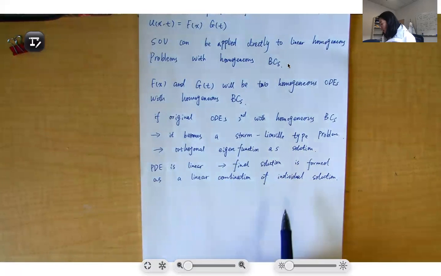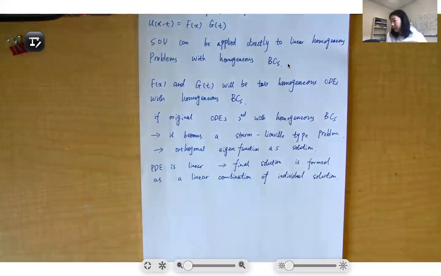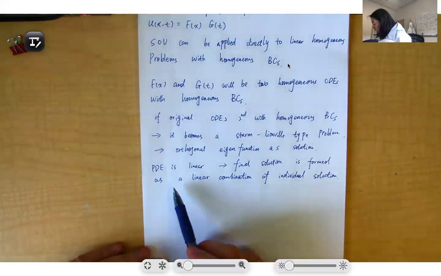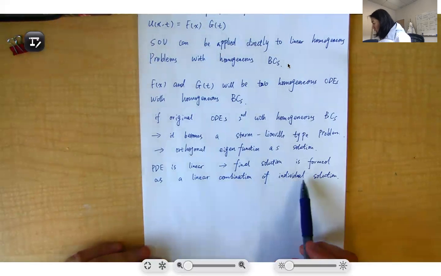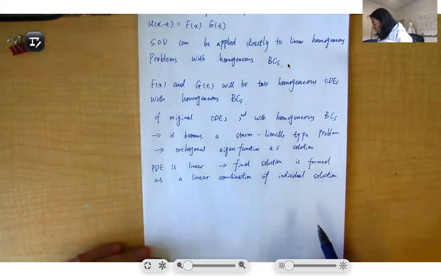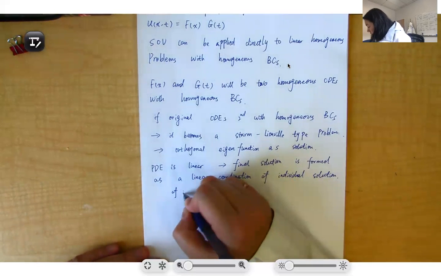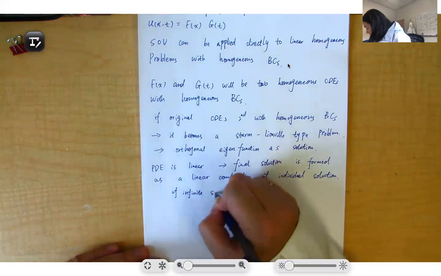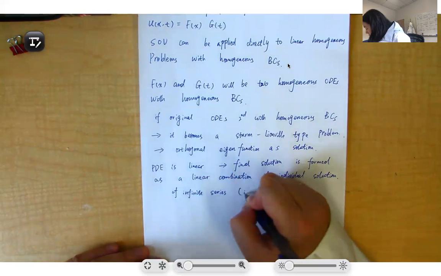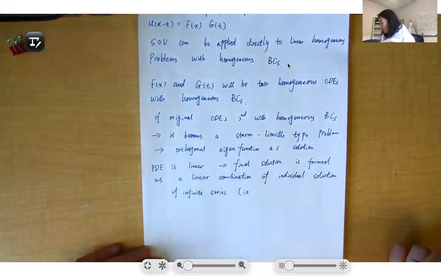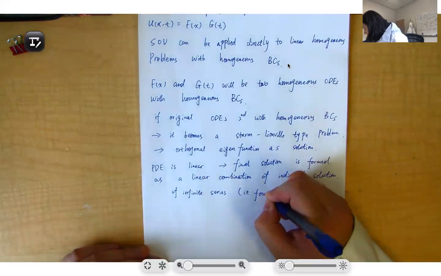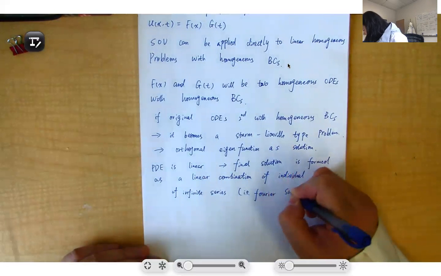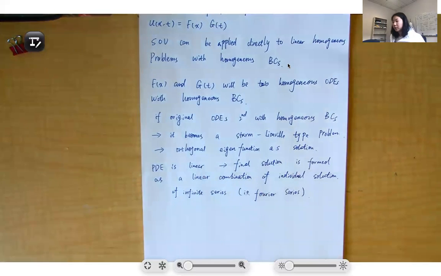That means the individual solutions will be infinite, right? So it will be a linear combination of individual solutions, and in the end will be an infinite series. For example, you will involve some Fourier series, such as sine, cosine functions, right?